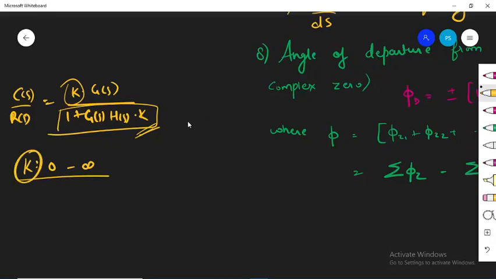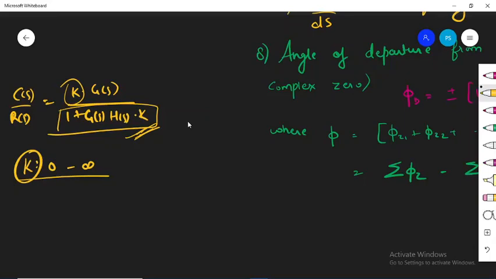When we track the poles of the system as any parameter is varied from 0 to infinity, that diagram is known as the root locus diagram. There are certain rules to follow, and if you follow those rules and make the root locus diagram, it becomes very easy to understand a system's performance, how it behaves when any parameter is varied.